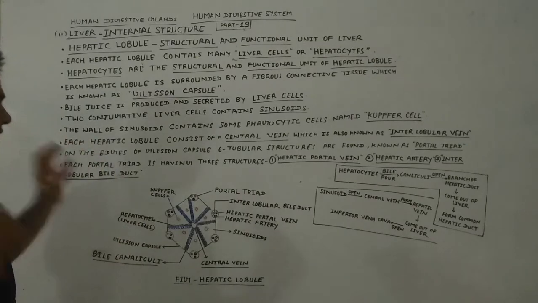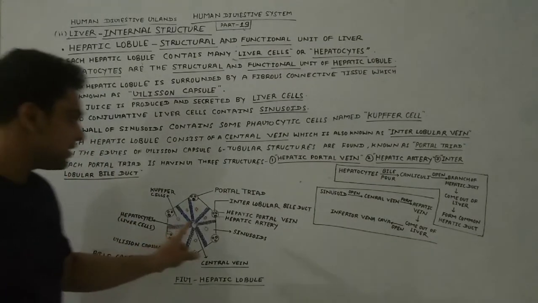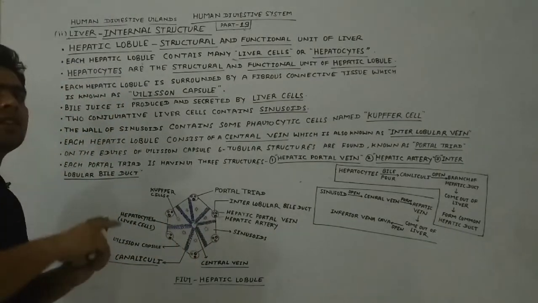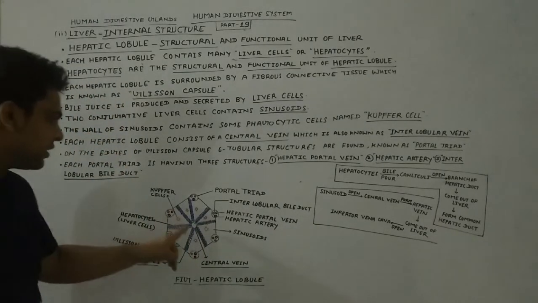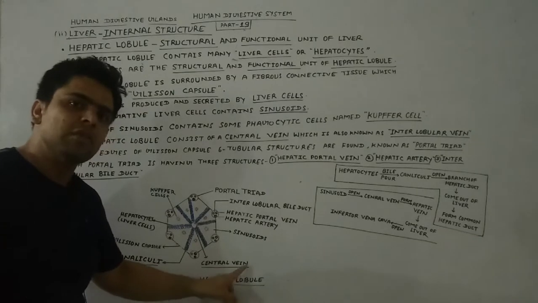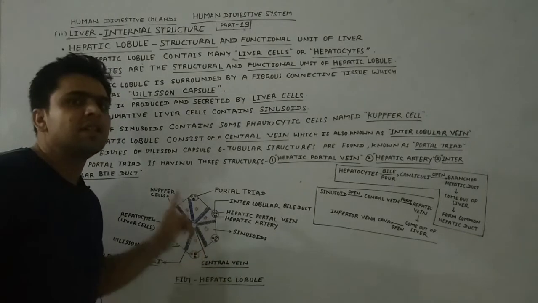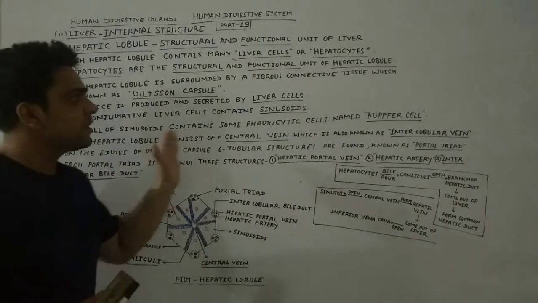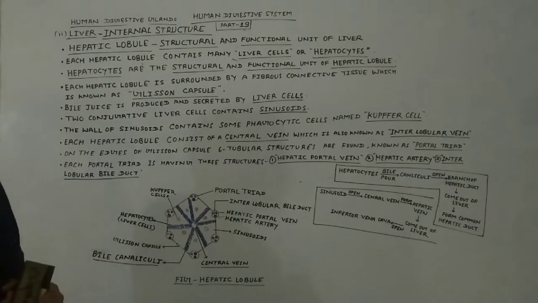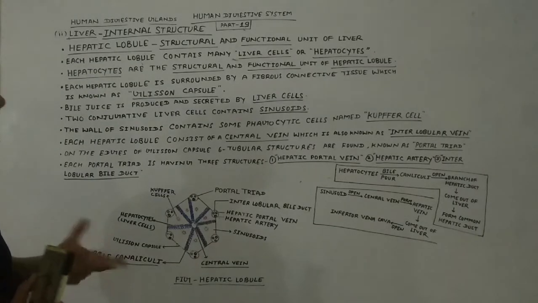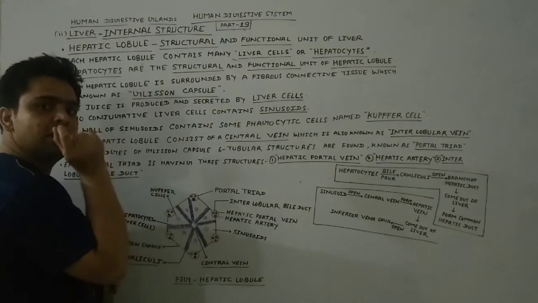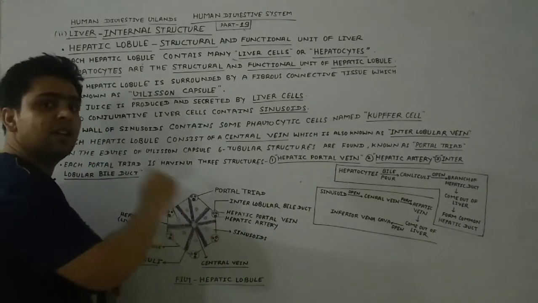Each hepatic lobule contains a vein situated in the center of the hepatic lobule, known as the central vein. Why is it called the central vein? Because it is located in the center of the hepatic lobule. Sometimes it is also known as the interlobular vein. Why interlobular vein? Because inter means located among the center.